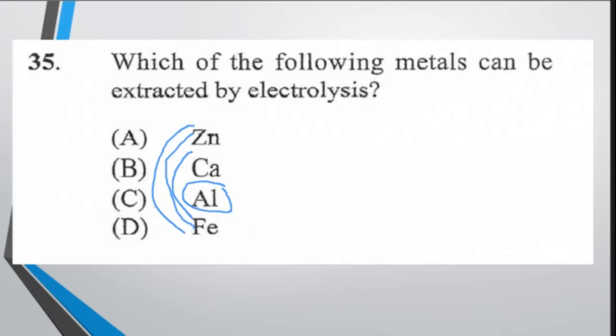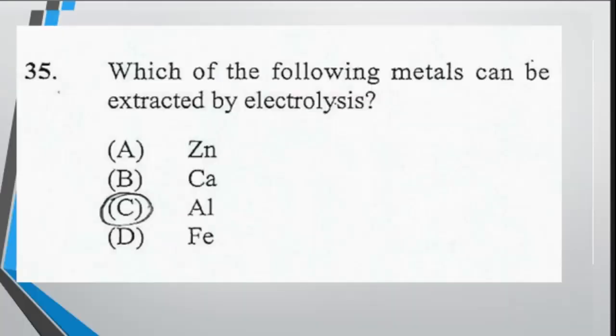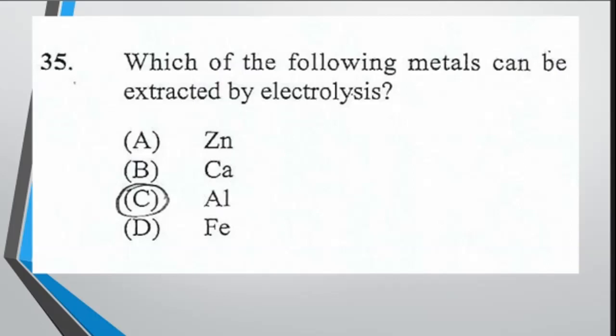So a blast furnace of some kind can be used to extract zinc or iron from its ore using carbon, but aluminum is extracted by electrolysis, right? So the answer to this one is C as in cat. Aluminum is extracted by electrolysis. The other elements would require carbon to be extracted.